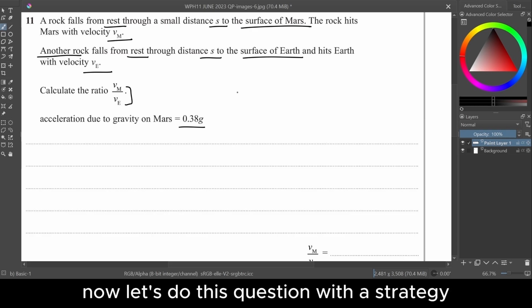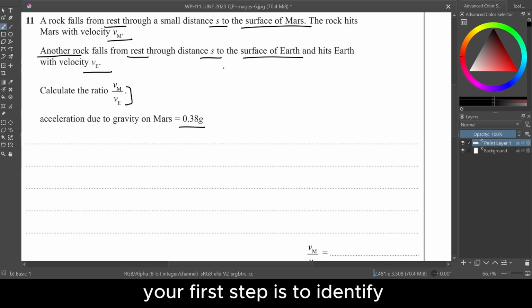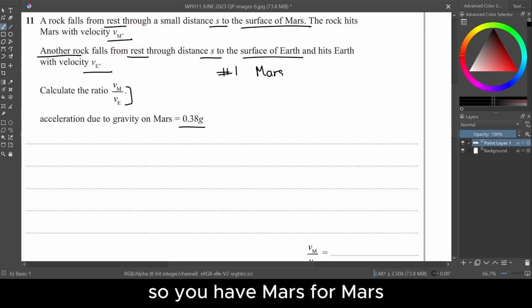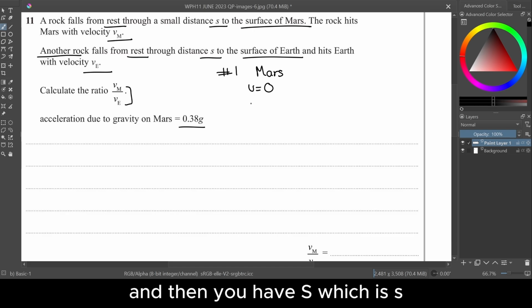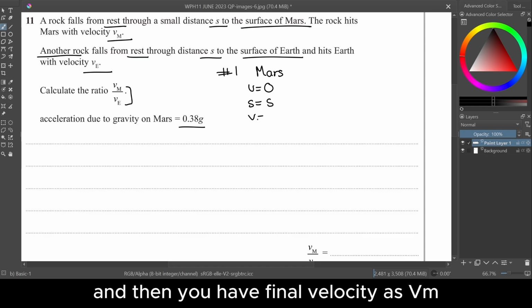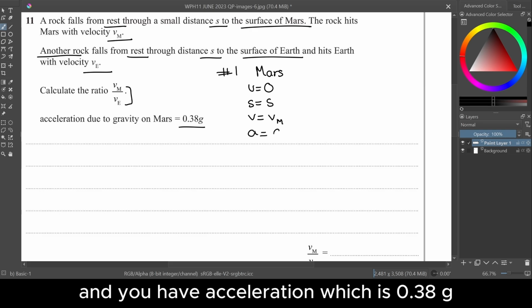Now let's do this question with a strategy, so it's much easier to solve. Your first step is to identify what values you have. For Mars, you have u equals 0 meters per second, s, final velocity as vm, and acceleration, which is 0.38 g.